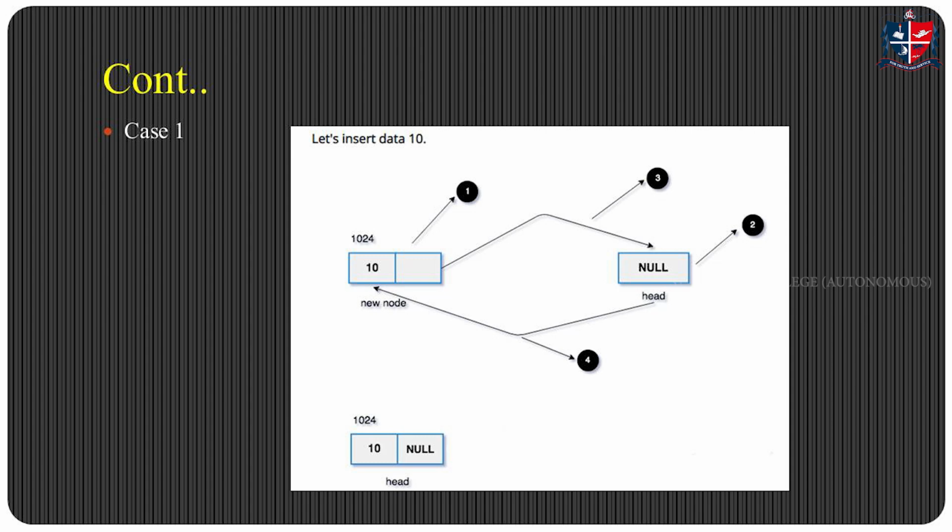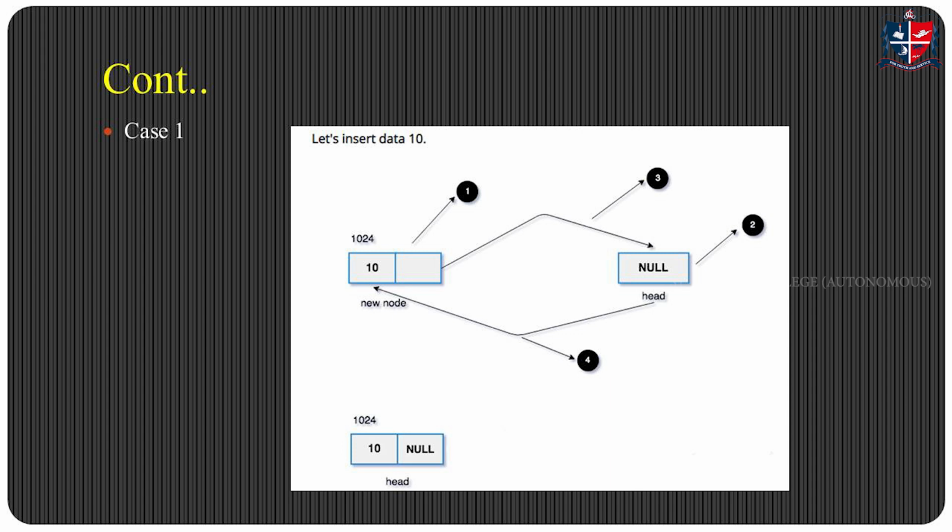In this case, the list is empty. Here I am going to insert the element 10 into the list. So what are all the steps to be done, which I already told in the algorithm part. First of all, you create a new node with the given value. Here 10 is the given value, so first create a node with 10. Then you check whether the list is empty. This is the first case, where the list is empty.